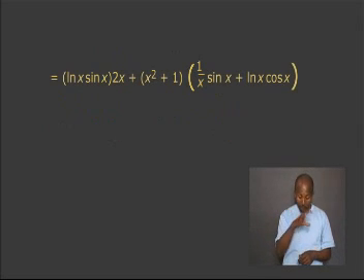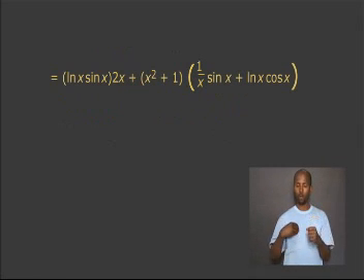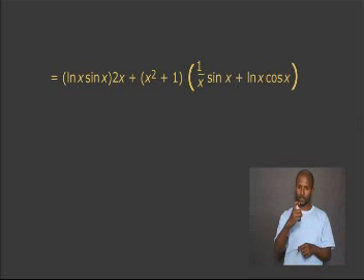Finding the derivative of each individual term according to our theorems, the expression becomes the natural logarithm of x times sine x times 2x plus x squared plus 1 times 1 over x times sine x plus the natural logarithm of x times cosine x.